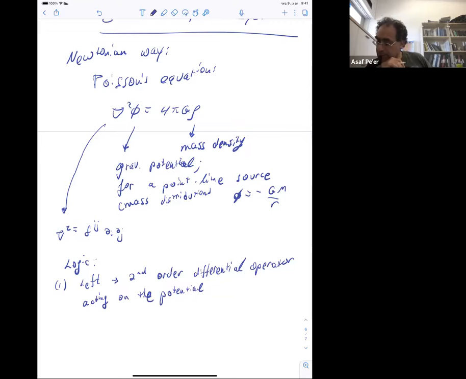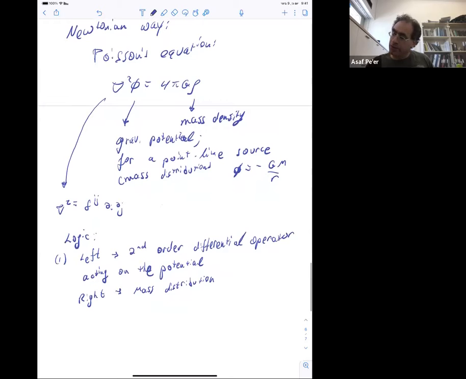And on the right-hand side, we have a measure of the mass distribution. So that is the one thing we know when looking at this equation.